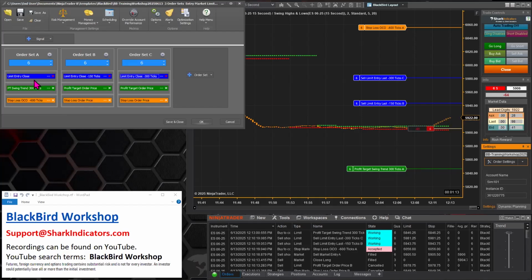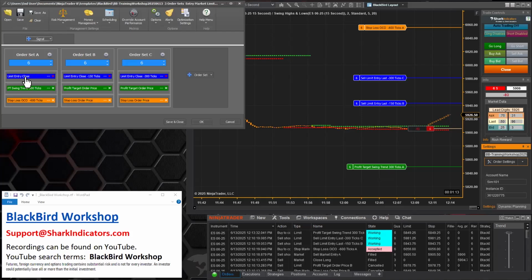So always keep in mind that the way BlackBird is designed, right? It's designed for the typical trader. So when you click the go long button to trade, or when a trade signal comes in, right, the average trade is that all of our entry orders are to go in all at the same time, right? And then we have different profit targets, right? So these scale-in orders are going in at the same time that the first entry order goes in.